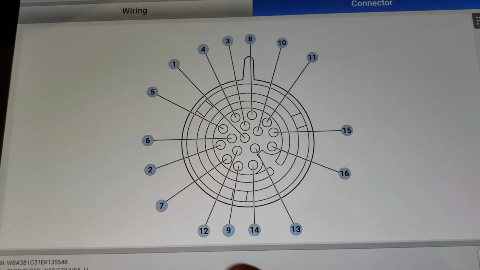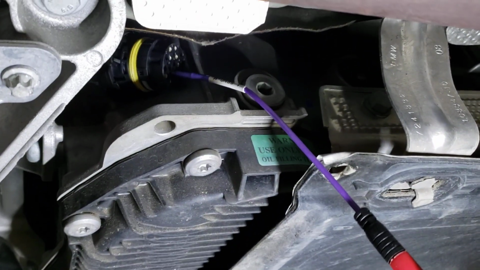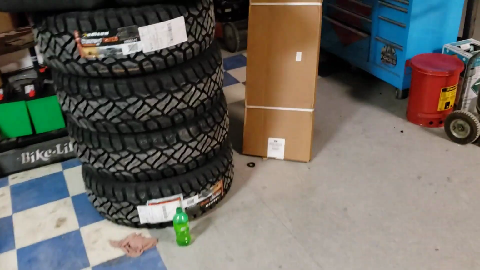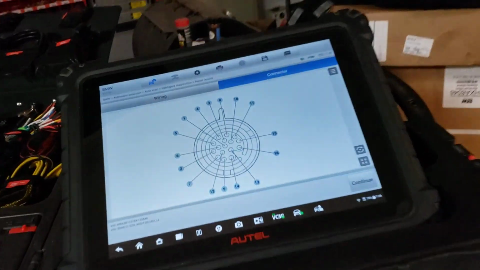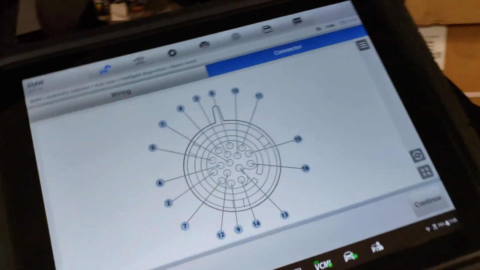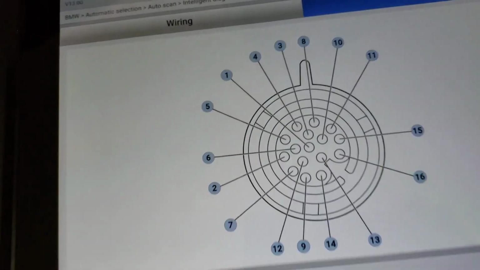Let me hook this up and show you guys that. I've got it on pin 13 here on the connector. I'm using my AS wave kit and my Autel Ultra scope. Sorry if I'm talking kind of fast. I haven't got much time to troubleshoot this one because I have to be at another shop later this morning.